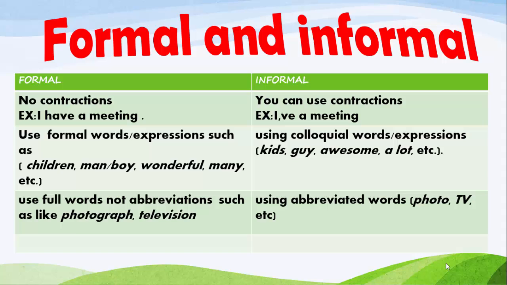For formal, I cannot use contractions. I have to use full forms. But for informal, I can use contractions. For example, for formal, I say, I have a meeting. For informal, I can say, I've meeting. So that's the clear difference between formal and informal.